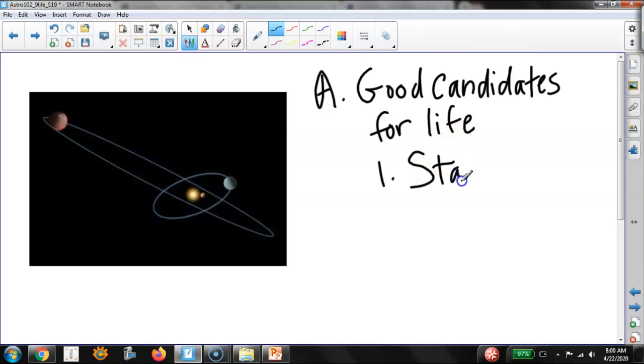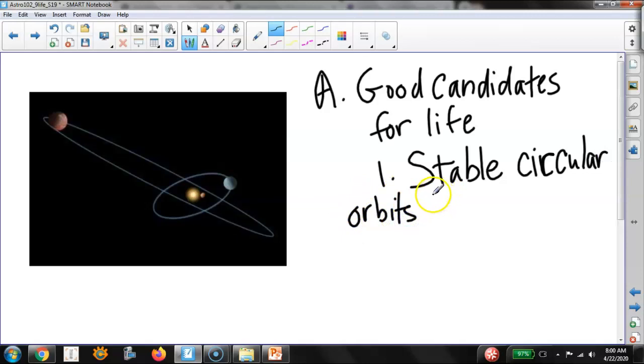And one of them is we can figure out what the orbit looks like of these planets. Because we know that if you have a stable orbit that's almost a circle, stable circular orbits. I'm going to introduce a term here because I have an activity lecture tutorial and I just want to make sure you know all the terms on it. A small eccentricity.